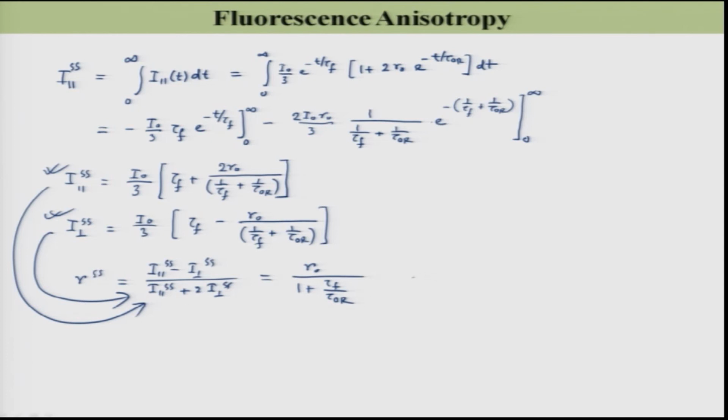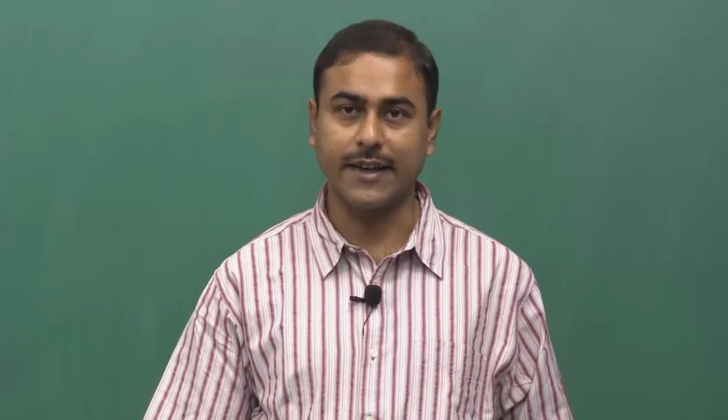Now, I can rearrange it and write it as r 0 by r steady state is equal to 1 plus tau f by tau r. Very important equation. This equation is known as the Perrin equation. And we will stop here today and we will continue our discussion in the next class. Thank you.